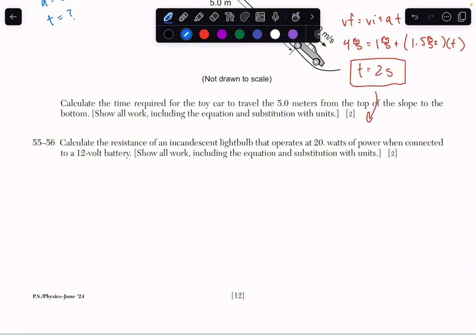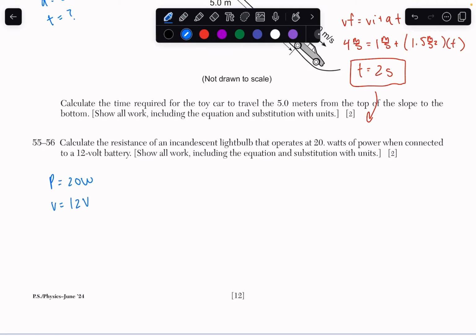55 through 56. Calculate the resistance of an incandescent light bulb that operates at 20 watts of power when connected to a 12-volt battery. So, the problem is giving us power and voltage, and it's just asking for resistance, because it tells us power is 20 watts, and that voltage is 12 volts.